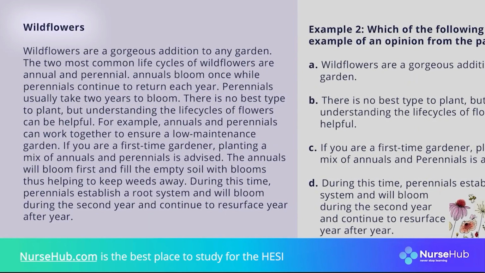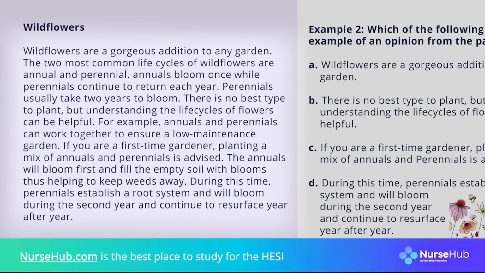We're reading about wildflowers. Wildflowers are a gorgeous addition to any garden. The 2 most common life cycles of wildflowers are annual and perennial. Annuals bloom once, while perennials continue to return each year. Perennials usually take 2 years to bloom, and there's no best type of plant, but understanding the life cycles of flowers can be helpful.